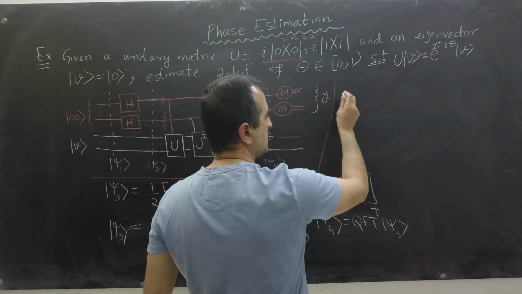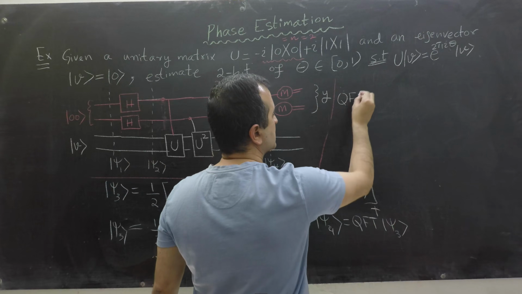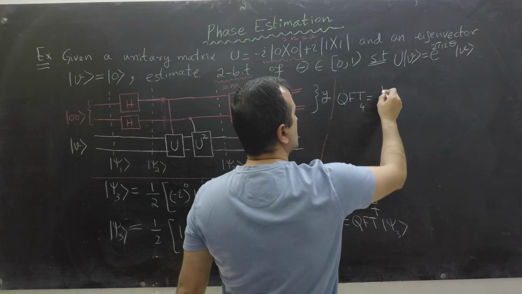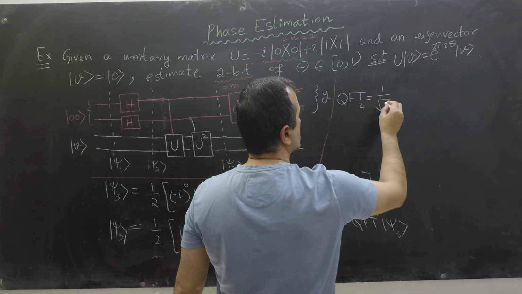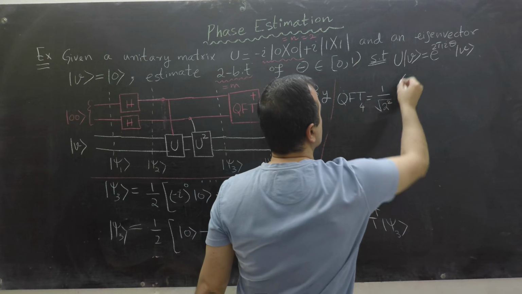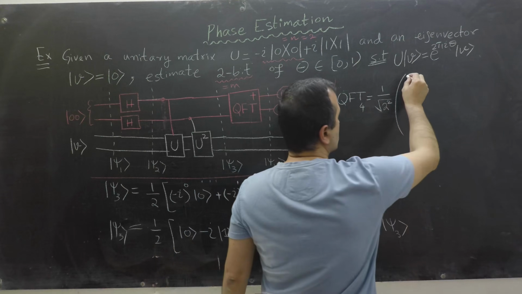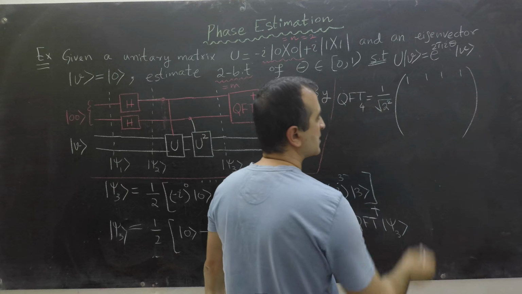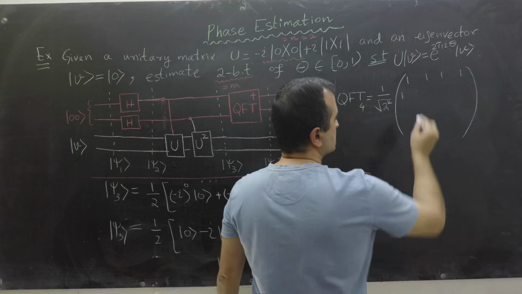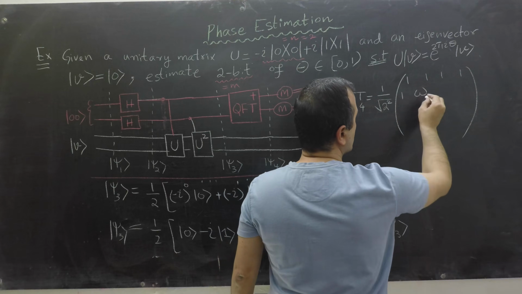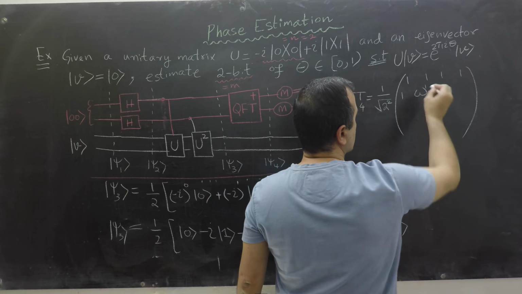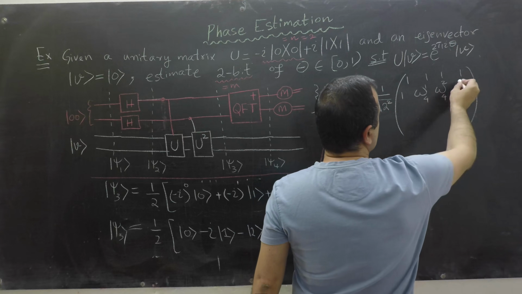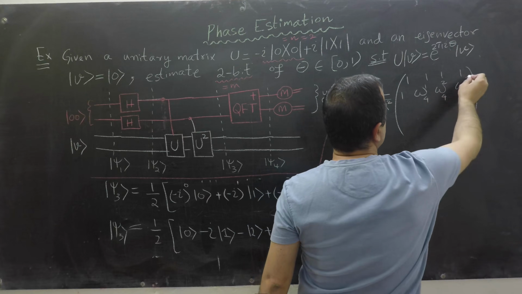The quantum Fourier transformation is equal to 1 over square root of 2 raised to power 2. Here I will have 1, 1, 1, 1 in my first row. In the second row I will have 1, second entry will be omega 4 raised to power 1, then omega 4 raised to power 2 and omega 4 raised to power 3.